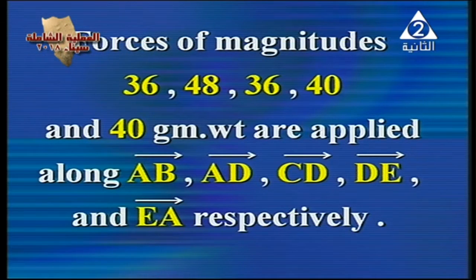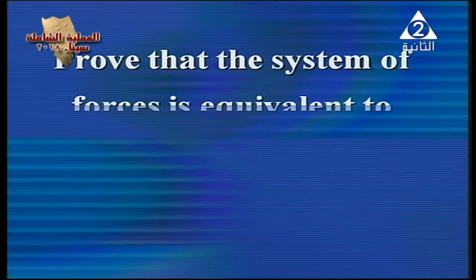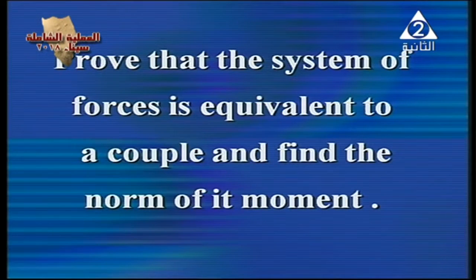Forces of magnitude 3, 6, 48, 36, 40, and 40 gram weight are applied along AB ray, AD ray, CD ray, DE ray, and EA ray respectively. Prove that the system of forces is equivalent to a couple and find the norm of its moment.